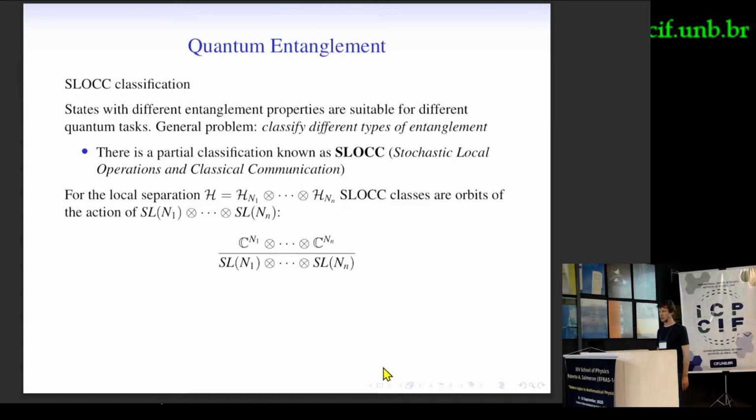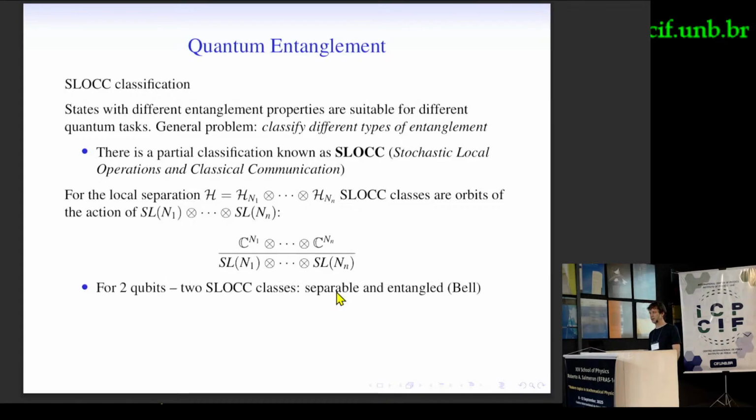So the most general operations are just SL(n), and you can classify states by taking the most general set of states, which is just the tensor product of C^n1, C^n2 and so on, the dimensions of the Hilbert spaces, and dividing this by the tensor product of all local non-unitaries, all local invertible operations.